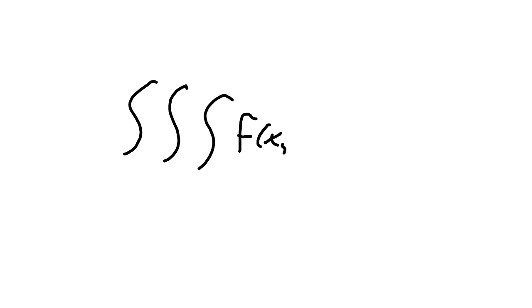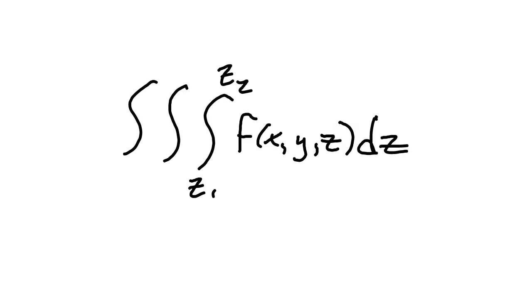But the reality is if I've got my function here, f of x, y, z, if I'm doing dz first, then what do I got? I've got from z1 to z2. Now, what is z1?